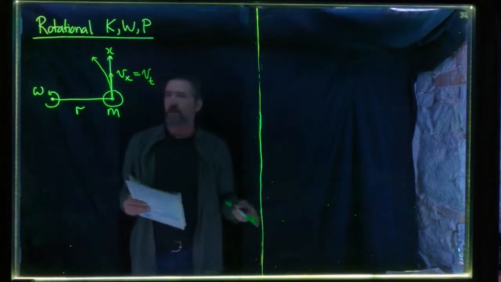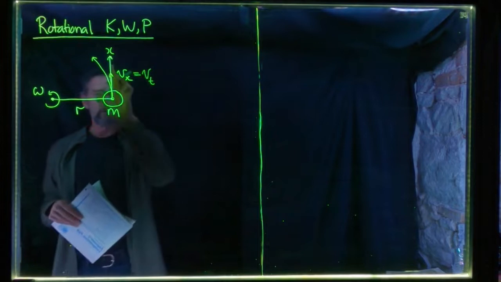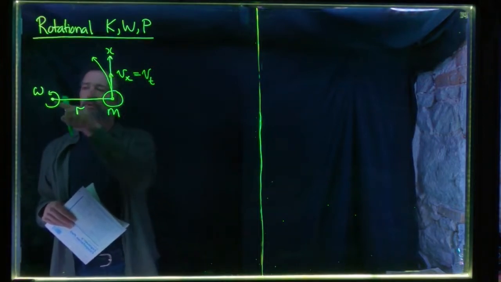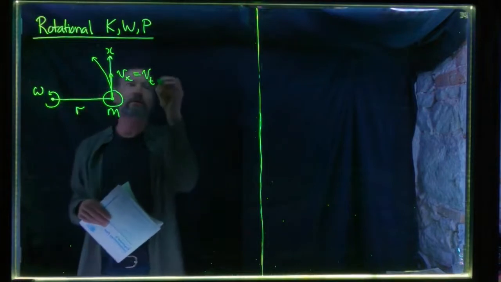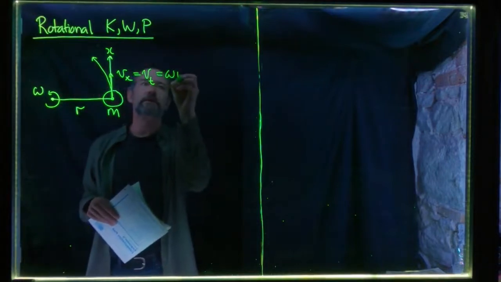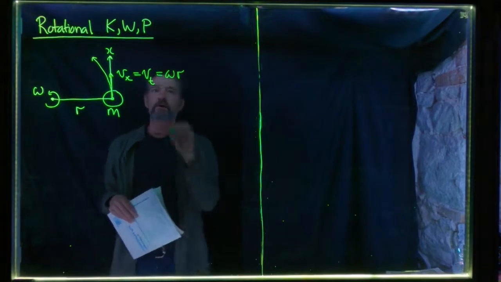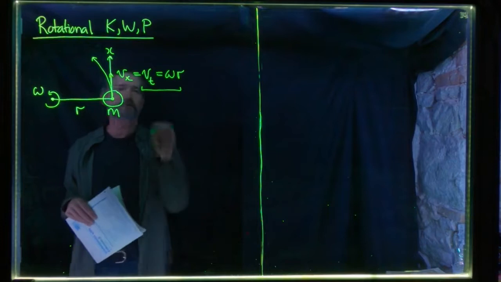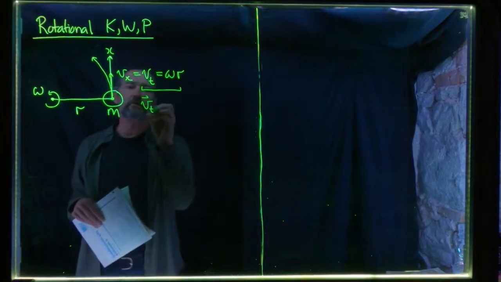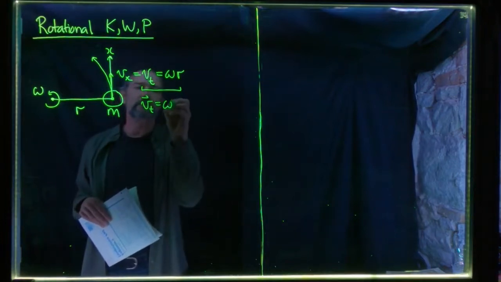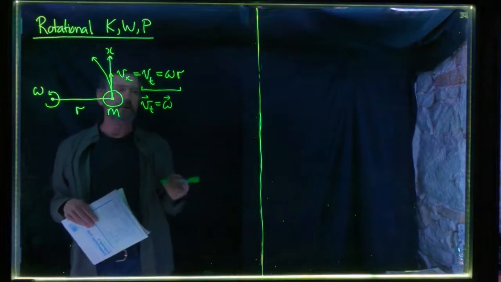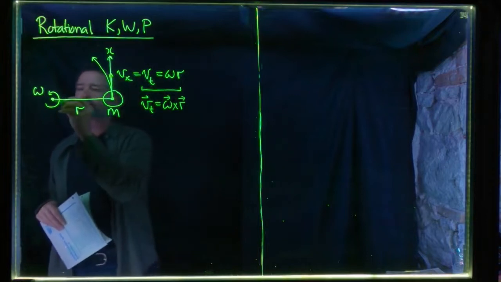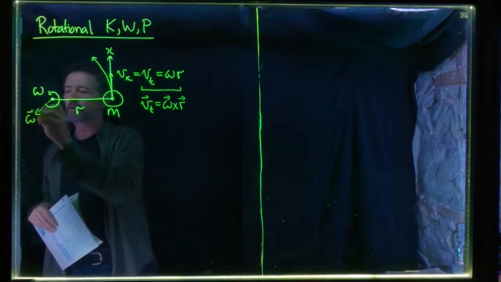And then we remember that v tangential, the meters per second velocity of a point on the edge of a rigid body, is equal to the angular velocity omega times r. This relationship comes from the vector relationship that the tangential velocity vector is the angular velocity vector cross r. The angular velocity vector comes out of the board in this case.